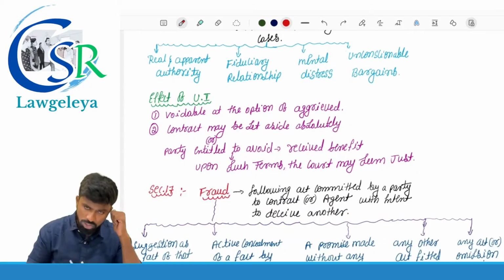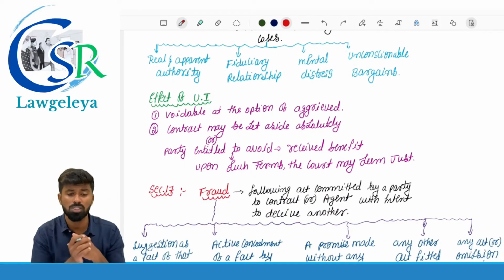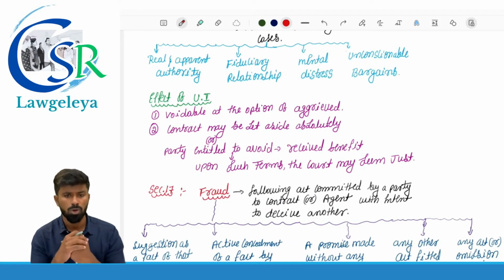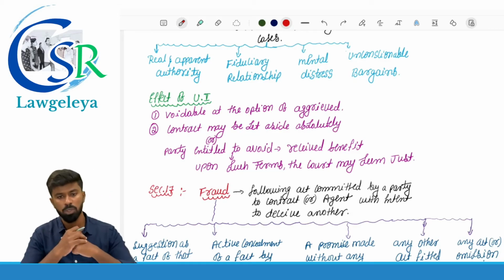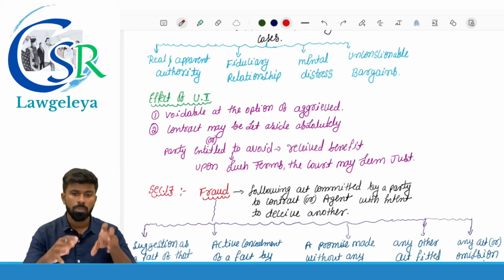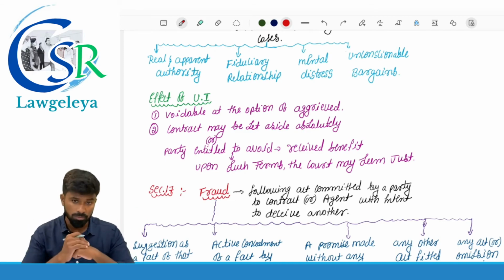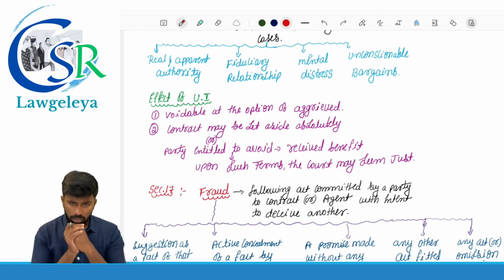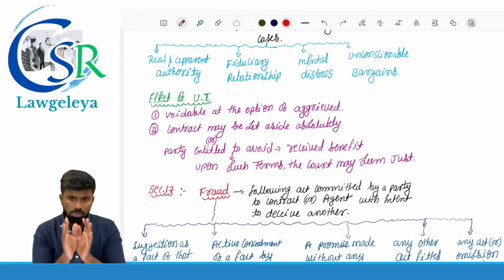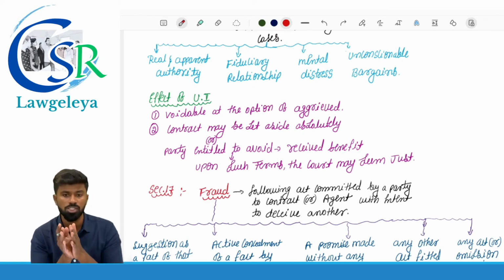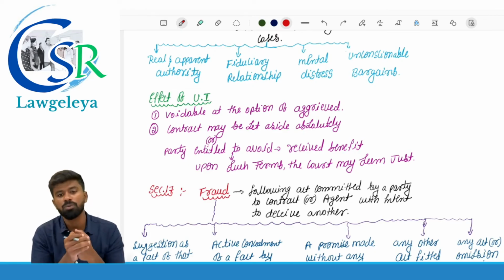Effect of undue influence, section number 19A provides the provisions with respect to effect of undue influence. The contract becomes voidable at the option of the aggrieved party, and the contract may be set aside absolutely, means the entire contract can be considered as void, or if the party who is having a right to cancel it has received any benefit, then the court can enforce it upon such terms as it seems just or equitable.